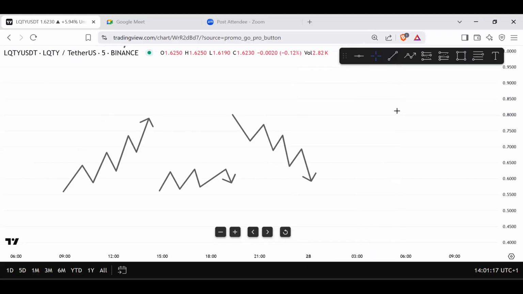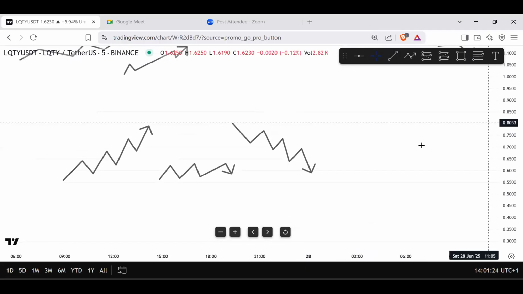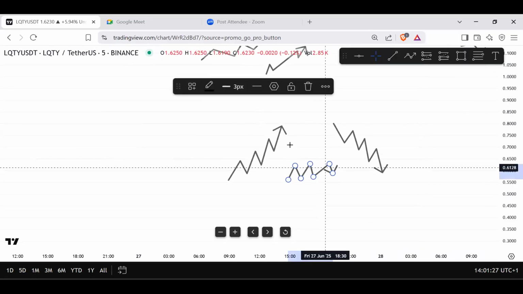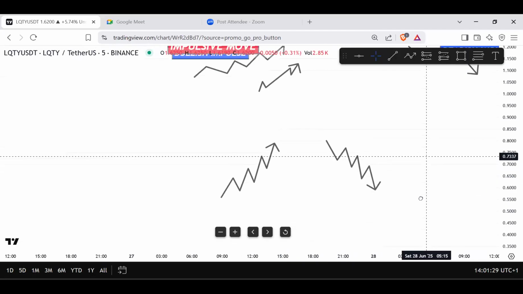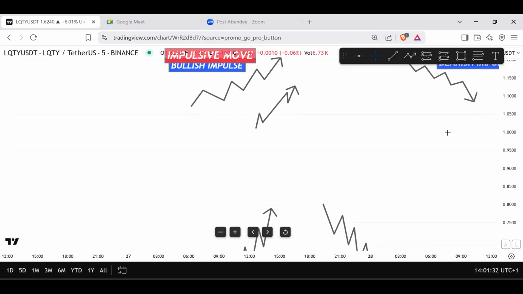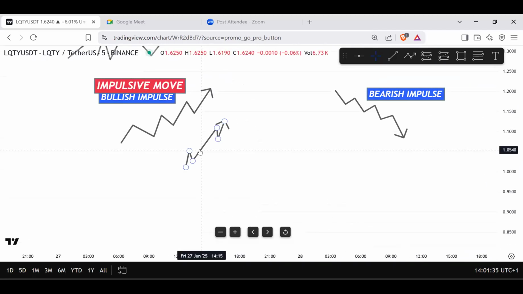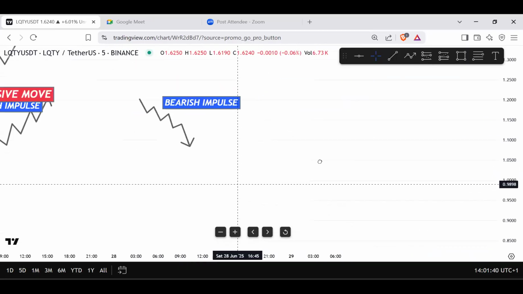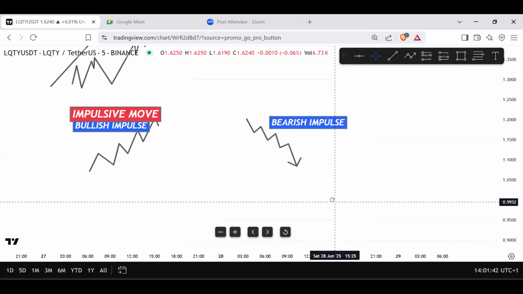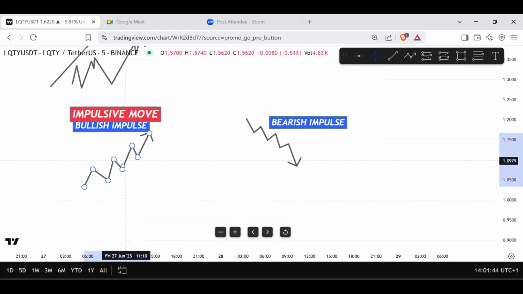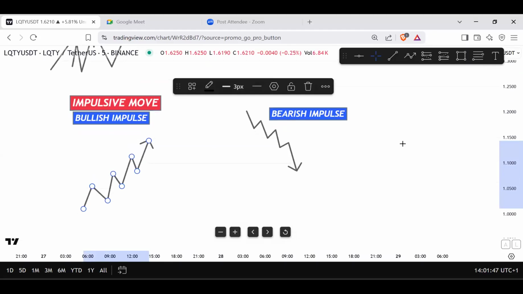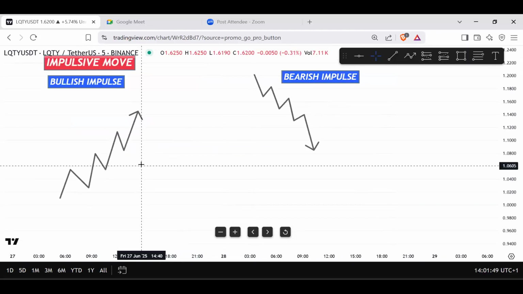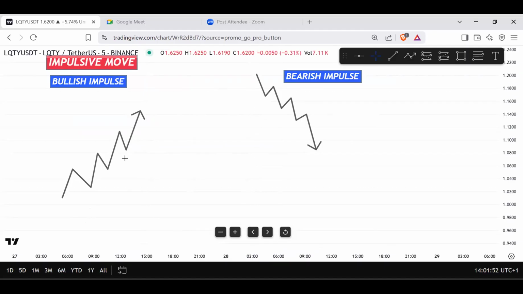Now that you understand impulsive moves, the next thing is inducement. Inducement is very simple and also very important. When you see your bullish impulse, inducement is the last valid pullback.